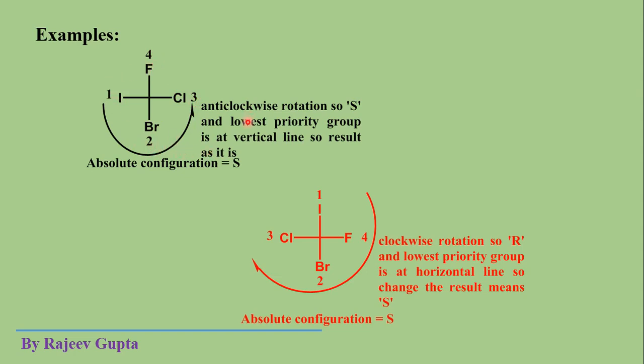Now in the chirality rule we will make an arc 1 to 2 and 2 to 3. See the direction, it is moving anti-clockwise, so we will get capital S. So this chiral center has S configuration.